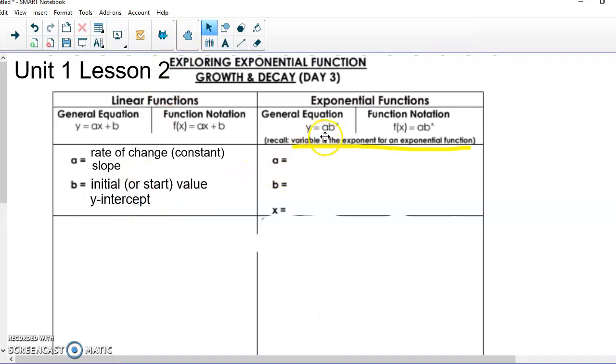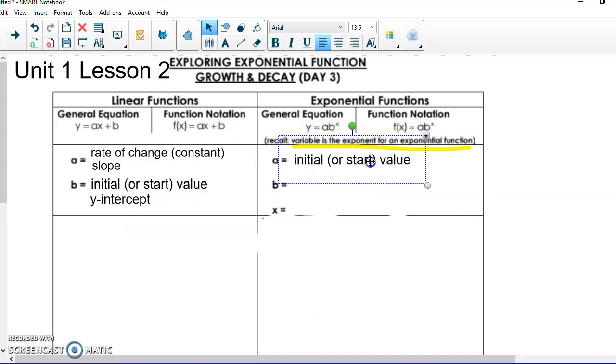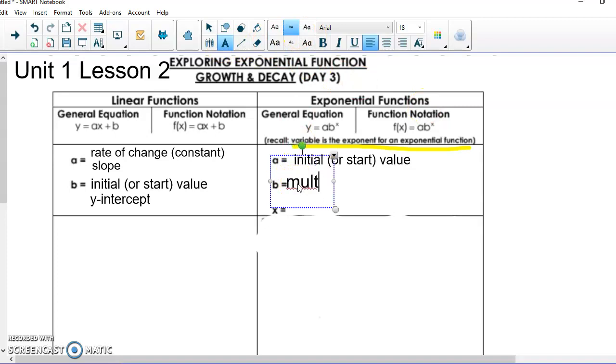And we have the same letters a, b, and x in our exponential functions. It's different because a is not the number that's attached to the x. In this case, the number not attached to the x represents our start value. I know you guys might need to pause the video to write this down: a is our initial, our starting value. b represents a kind of rate of change, but I like to call b the multiplier, because that's what we're multiplying by.